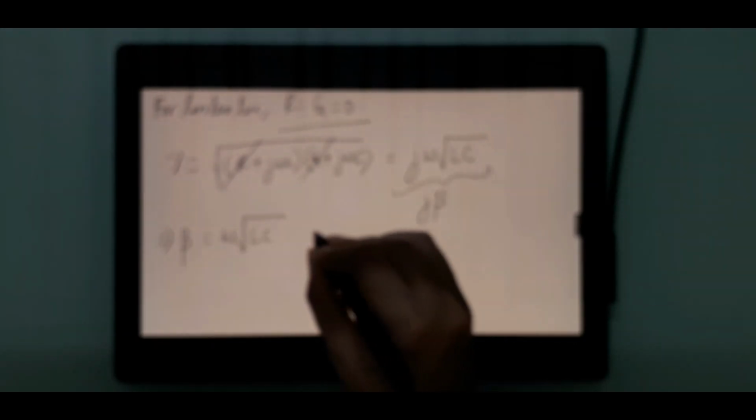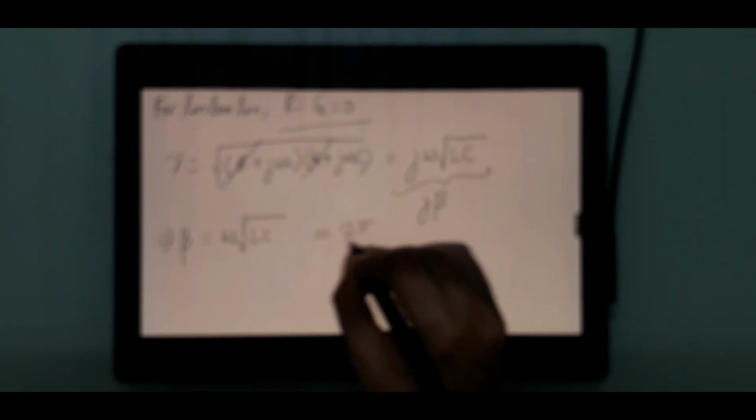In the last class, we had also defined beta as 2 pi by lambda, and omega we can write as 2 pi f, so omega root LC is nothing but 2 pi by lambda. So I can cancel the 2 pi and 2 pi, and I can say f lambda is 1 by root LC. What is f lambda?